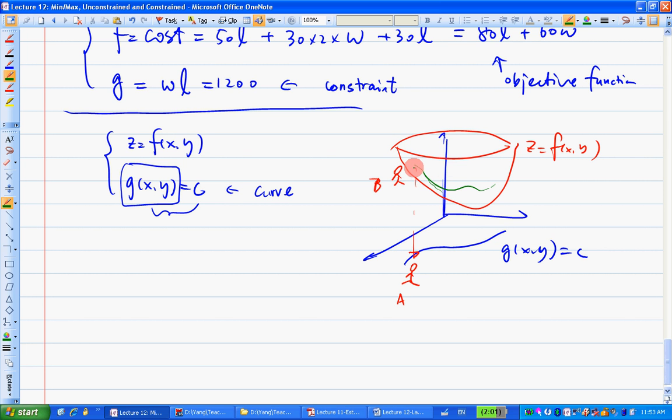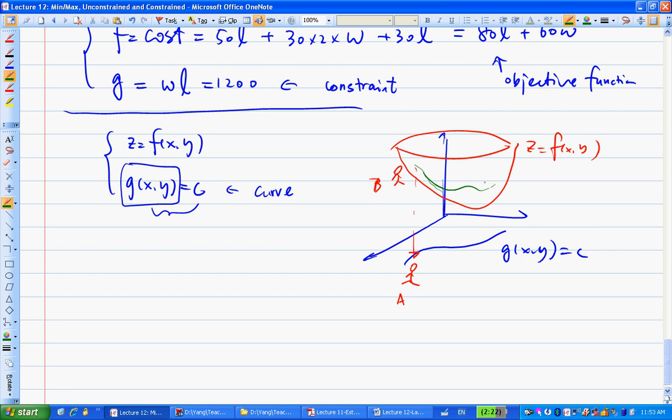How do I know the rate of change of this curve? If you remember, when we learned the directional derivative, I said walking in the direction of u hat, then I will get a certain rate of change of the function f in that direction u hat at a certain point. That make sense?